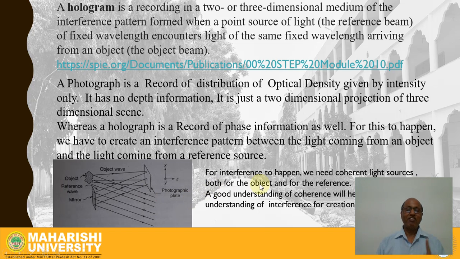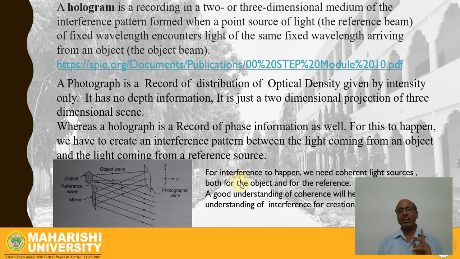So the interference between these two waves gives you the phase information also, right? Because of this interference, the value of intensity which will be available will include the phase information also. That is how we say the holograph has information on the intensity as well as on the phase.